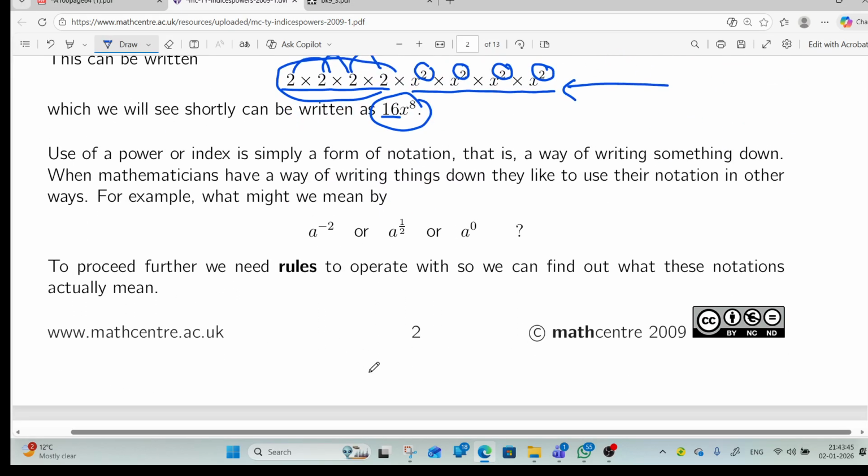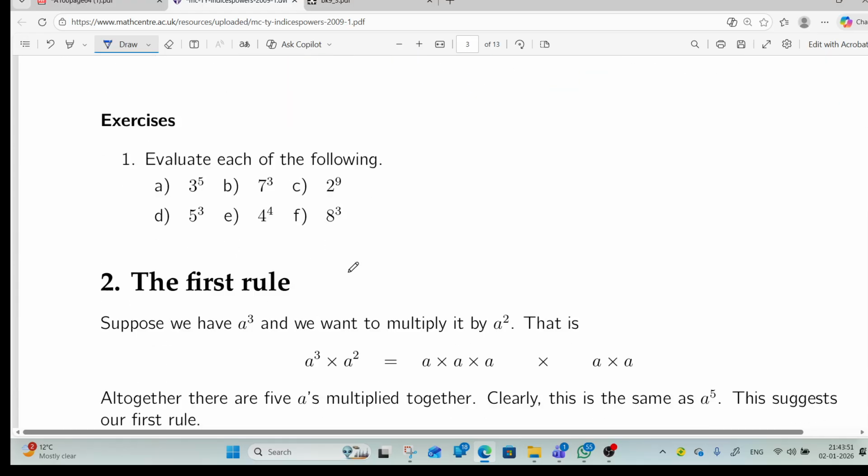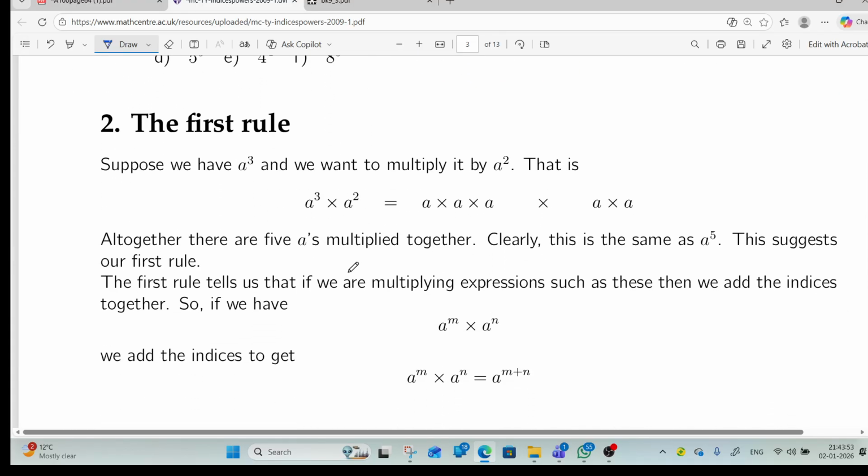Let's understand how to solve these questions. We need rules to operate with this type of questions. The first rule is, if there are two numbers which have powers, two exponent numbers, how do we multiply them? Like here, a to the power 3 and a to the power 2.